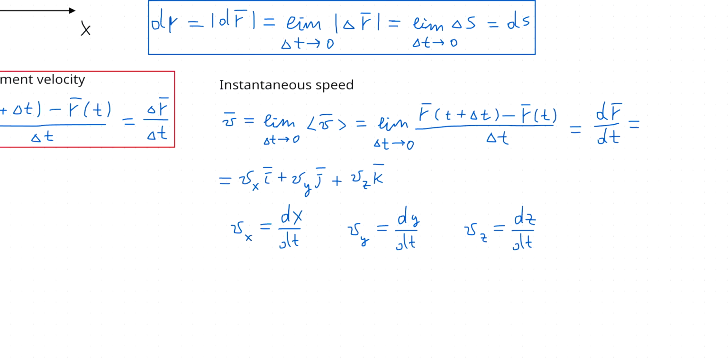Sometimes it is enough to know the speed. Sometimes the absolute value is enough, and in this case we can write that v is the same as the absolute value of vector v, and this is the same as the square root of vx to the power of 2 plus vy to the power of 2 plus vz to the power of 2.